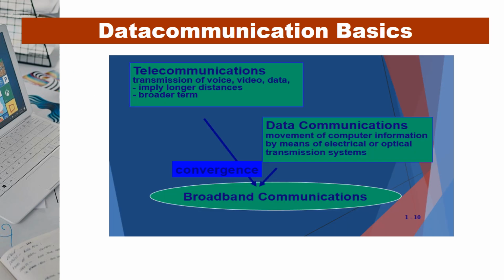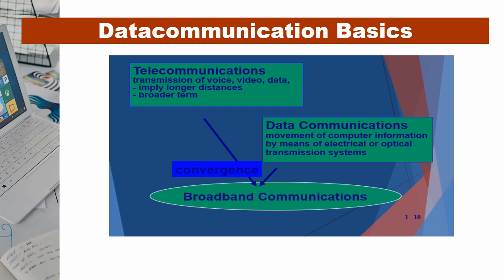Then data communication basics. We talk of telecommunications, data communications, and then broadband communication. Telecommunications is the transmission of information over long distances through communication channels, the transmission of voice, video, and data over long distance, a broad term.